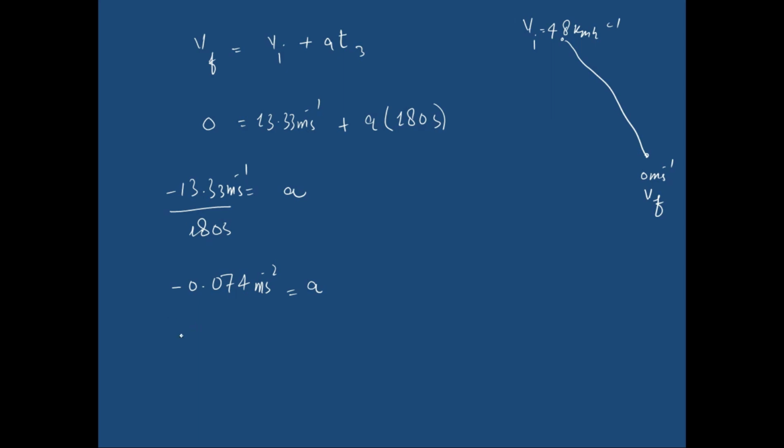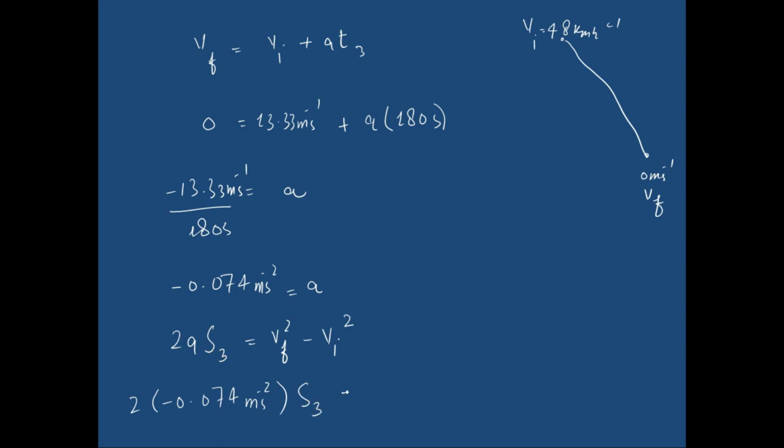We have to calculate distance S3 with the help of the third equation of motion: 2as is equal to vf square minus vi square, because we have the acceleration or retardation value here. So 2 into negative 0.074 meters per second square, because this distance is S3.